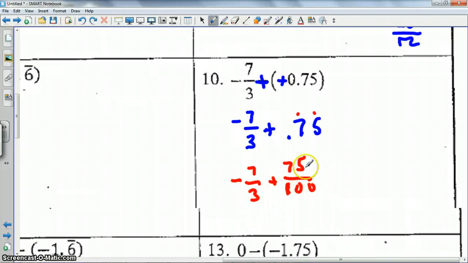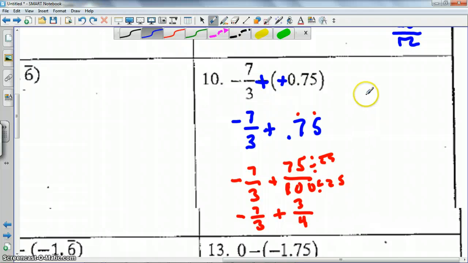And to make it easier, since 75/100 is such a big number, I'll just go ahead and reduce that. Negative 7/3 plus, let's see, 25 goes into both of those. So if I divide by 25 here and at the bottom, 75 divided by 25 is 3, 100 divided by 25 is 4.